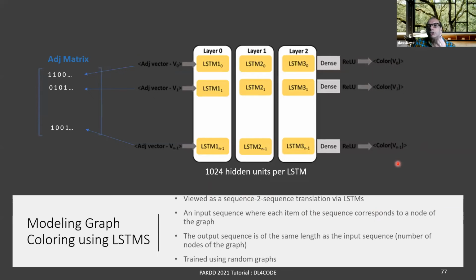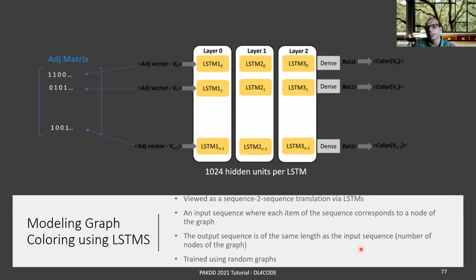This is how it has been modeled, and in between lie several layers of LSTM. As I said, the adjacency matrix is the adjacency matrix for your interference graph. For each sequence, we take just the adjacency vector, encode that adjacency vector, and send it through this layer of LSTM. For this particular case, we have 1024 hidden units and so on and so forth.